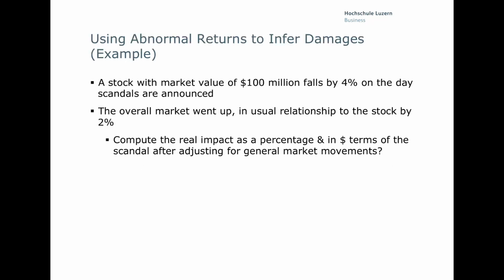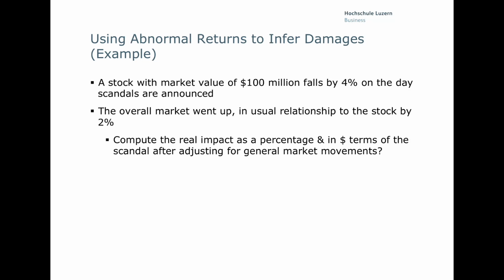Let's make an example of using abnormal returns to infer damages. Suppose the stock of a company with a market value of $100 million falls by 4% on the day that the news of an accounting scandal is published. The rest of the market, however, generally does well that day.